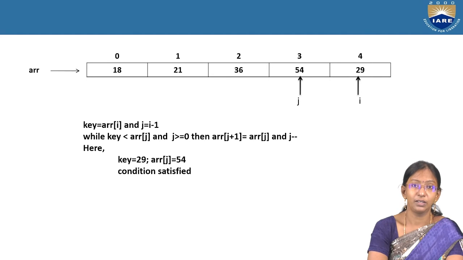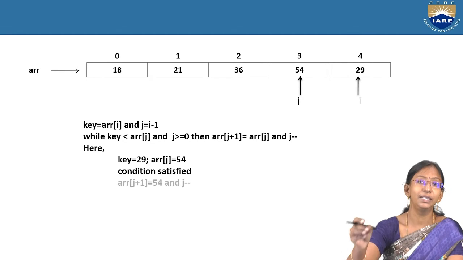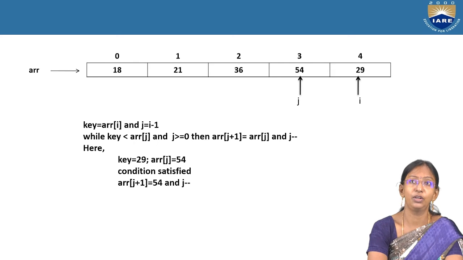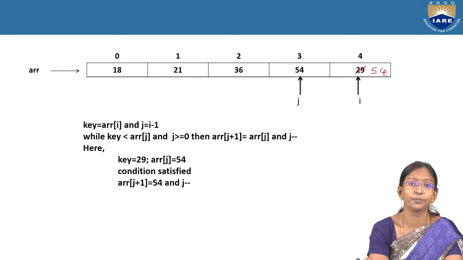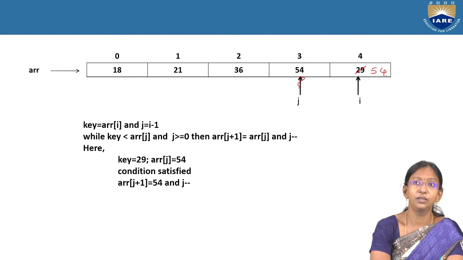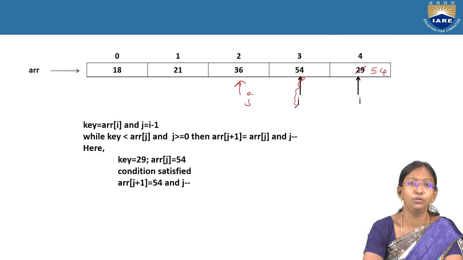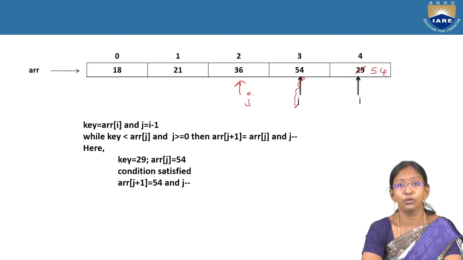As the condition got satisfied, copy the content of j, which is 54, in j plus 1. That means overwrite 29 with 54. Okay, and decrement j. If I decrement j, it will be pointing to index value 2 now.